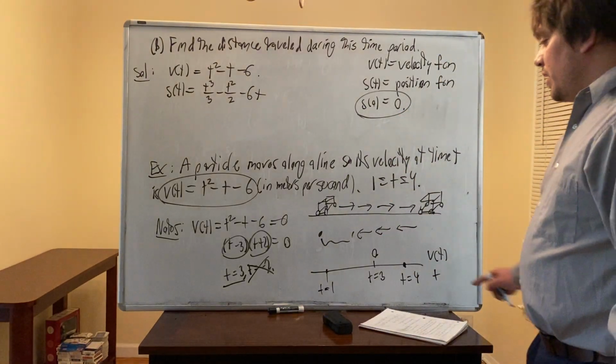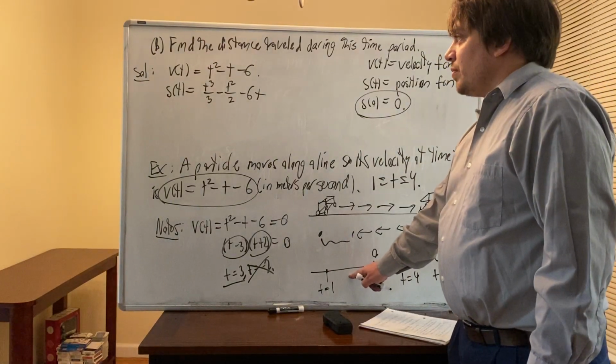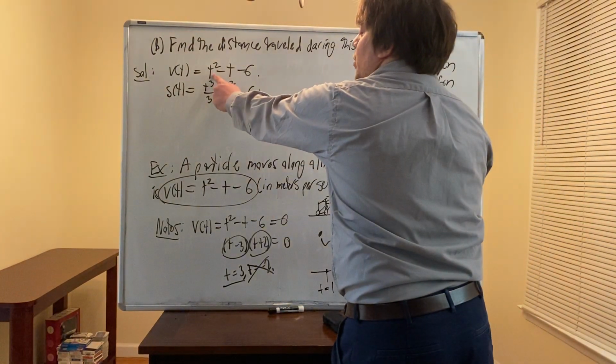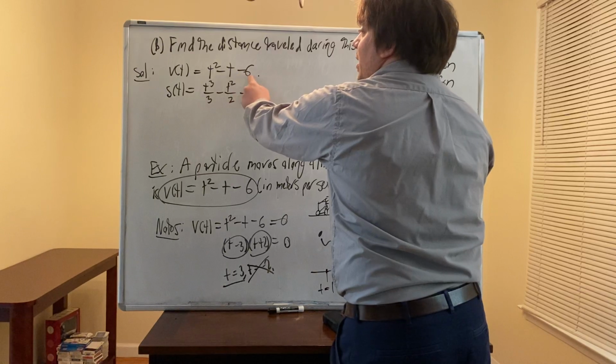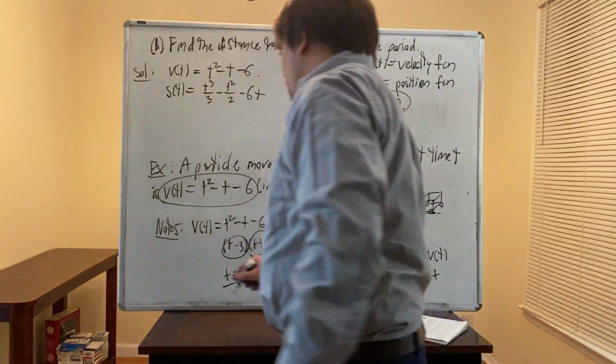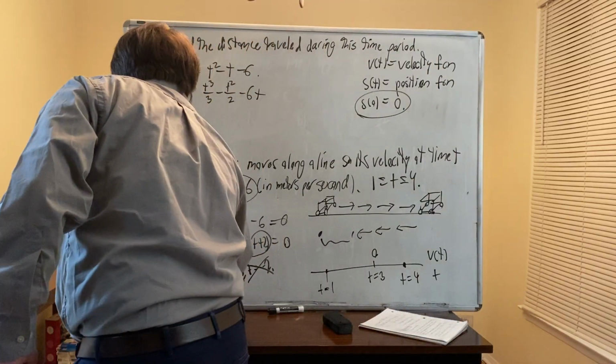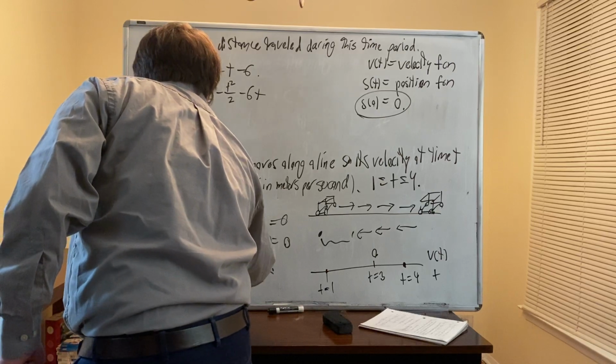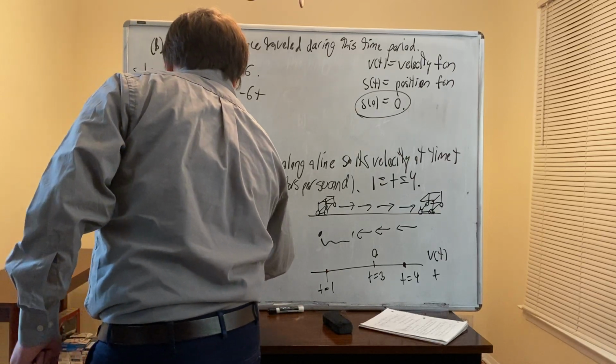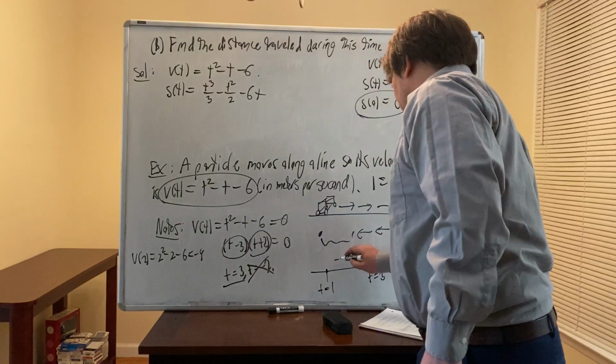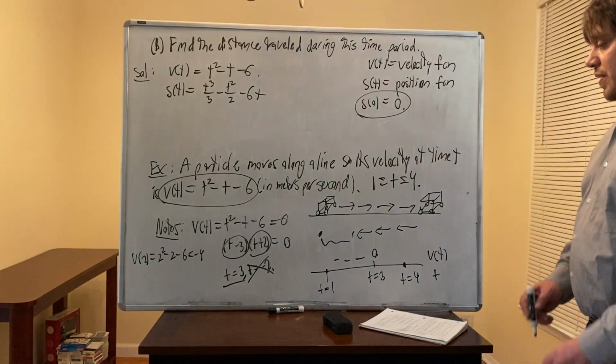When t is, let's say, 2, if you plug in 2 here, v of 2 is 2 squared minus 2 minus 6. That's negative 4. So here you have negative velocity.